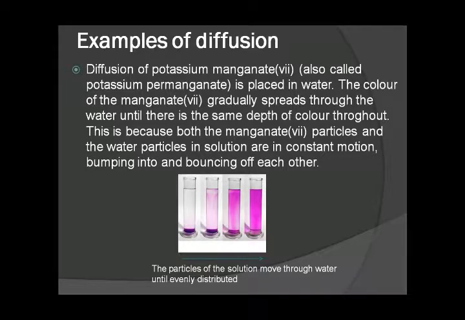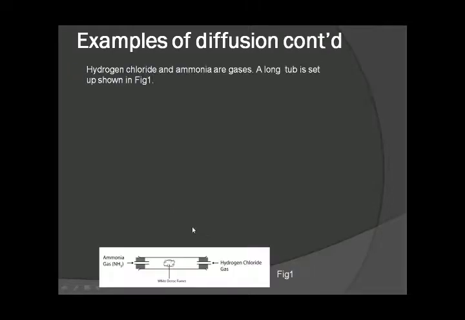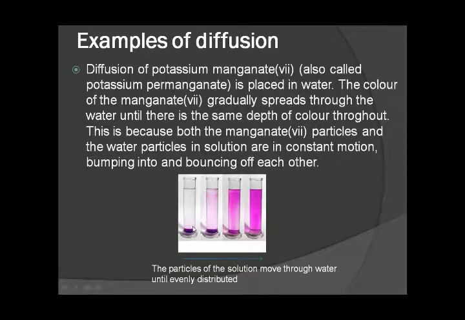As we can see in this picture, when the manganate is poured at the bottom of the liquid, it is distributed throughout the entire substance until it is evenly distributed.